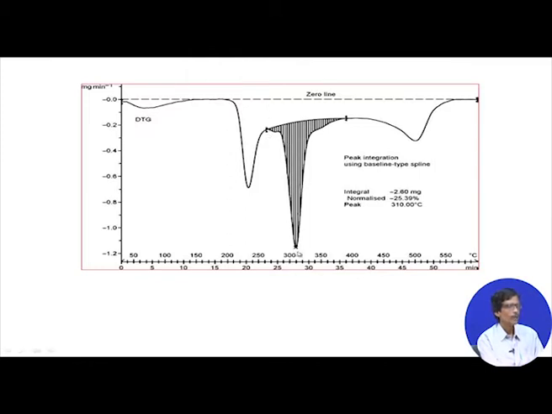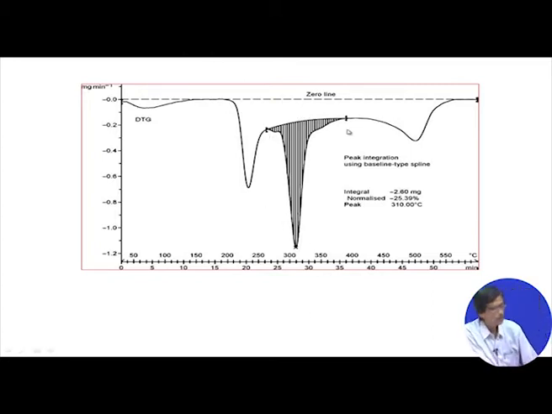After this, again a very sharp line reaches over here, but at this point also it will not go back to the 0 line, because you have a third point. So, when you go for the baseline type spline, we do not get this exact baseline; instead we smoothen the plot, as if this plot is not there.